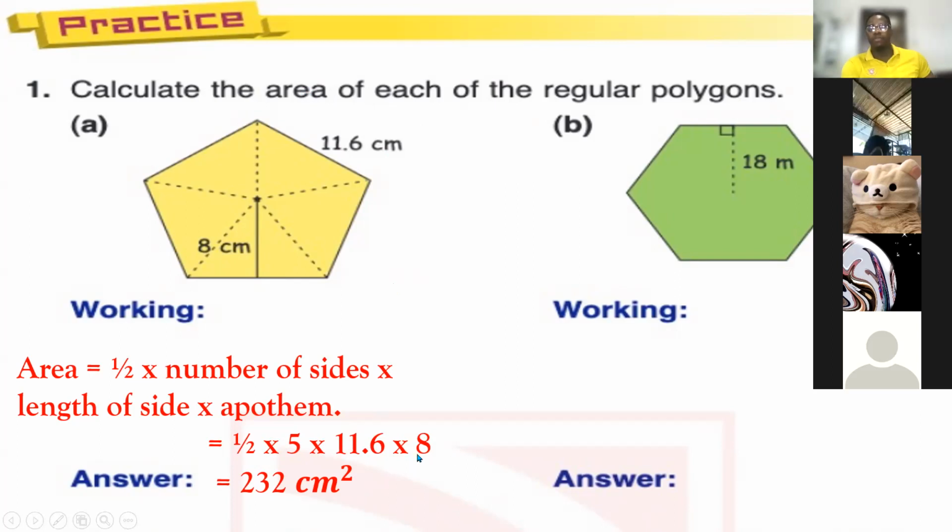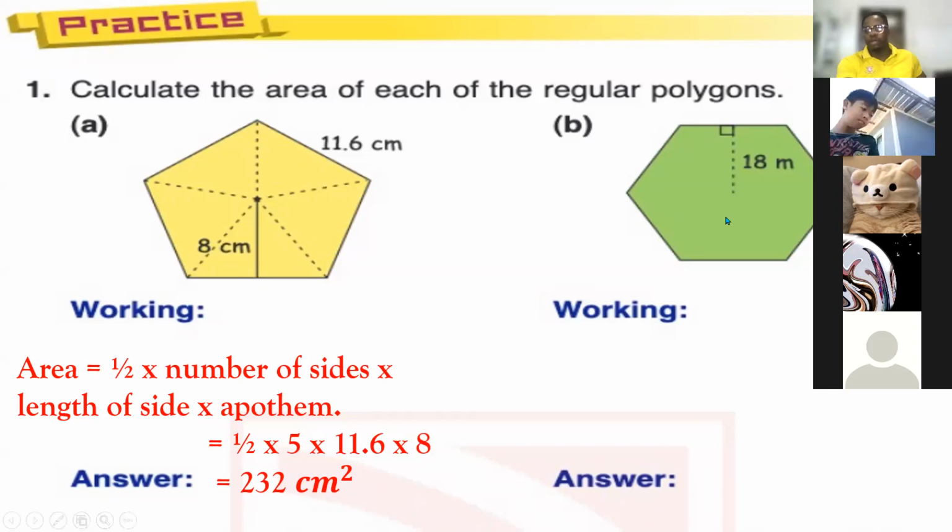So 40 multiply 11.6 is the same as 116 multiplied by 4. 4 times 6 is 24. Write 4 down, take up 2. 4 times 1 is 4 plus 2 is 6. And 4 times 1 again is 4. So 464 divided by 2 is 232 centimeters squared. That's how to do that.